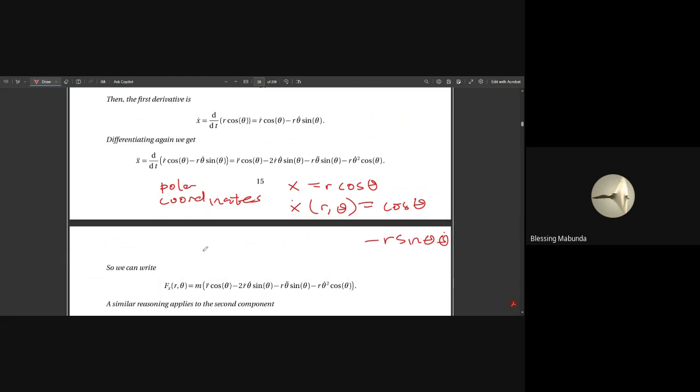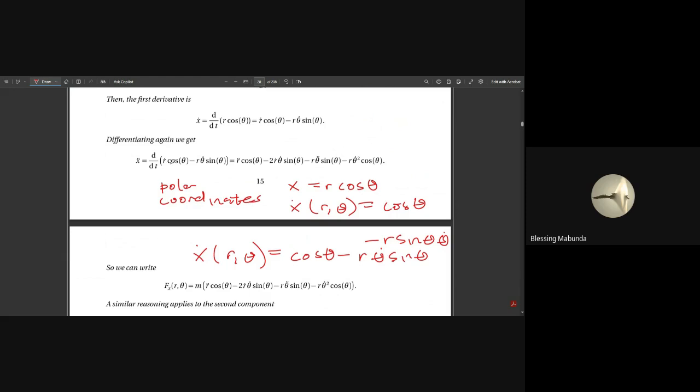So our x dot as a function of r and theta is r dot cosine theta minus r theta dot sine theta. Right, so that gives you the velocity in the x direction as a function of r and theta.